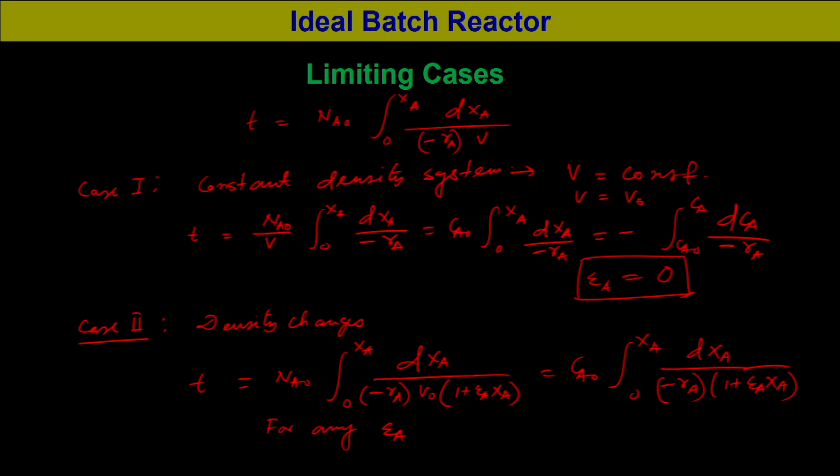But in the case of the non-isothermal system, the variation of rate with temperature, that is rA as a function of temperature, and the variation of temperature with conversion, that is XA as a function of temperature, should be known to use this relation. So, these are the two special cases for the batch reactor.